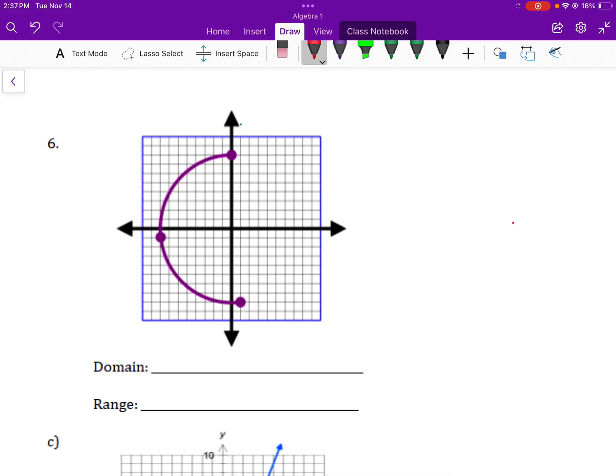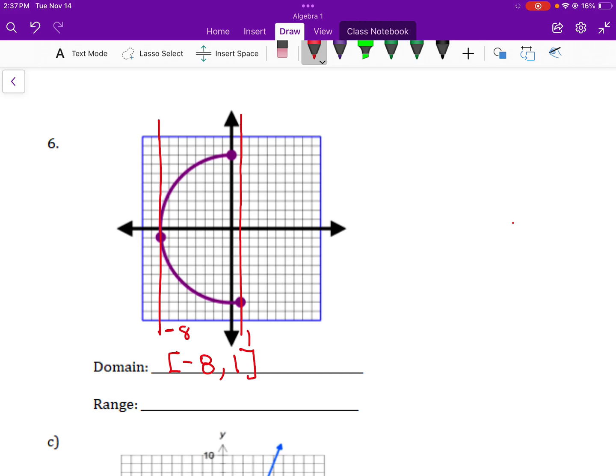Domain on this guy, again, think of it as cropping it from left to right. So we'd have to have a wall here, which is at -8. And all the way actually to this little foot at 1. So my domain here is going from -8 to 1. Right, because we're saying how far does it span from the left to the right.